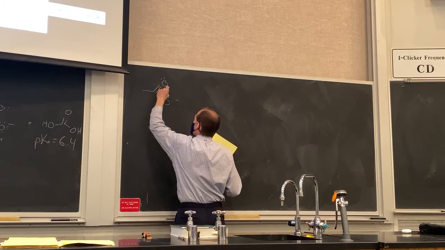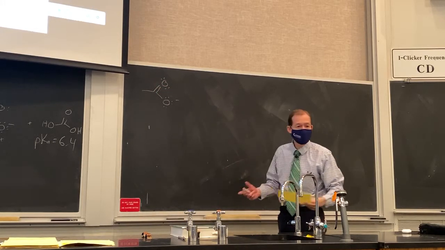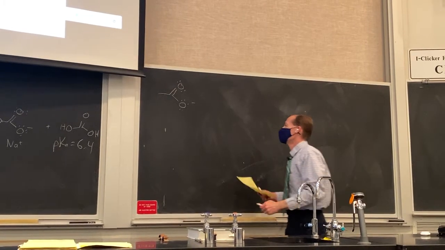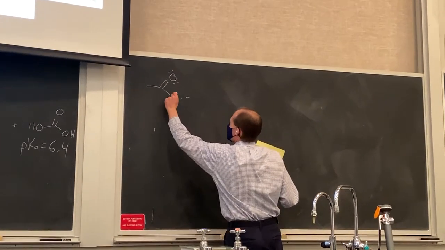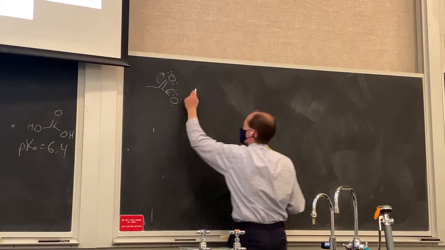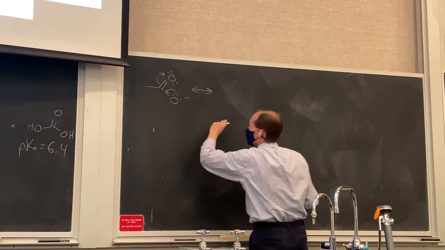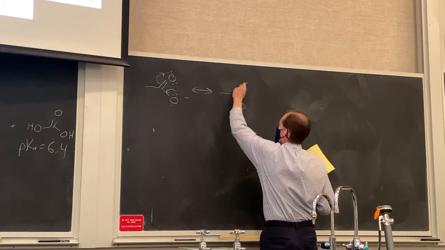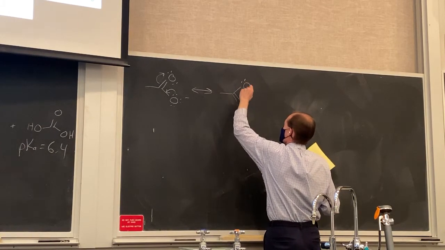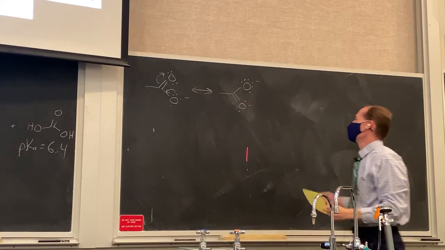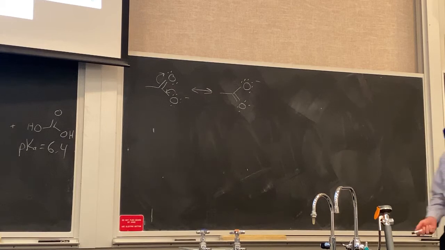So let's draw acetate. This is the conjugate base of acetic acid. And we have this other resonance structure that we can draw for acetate.